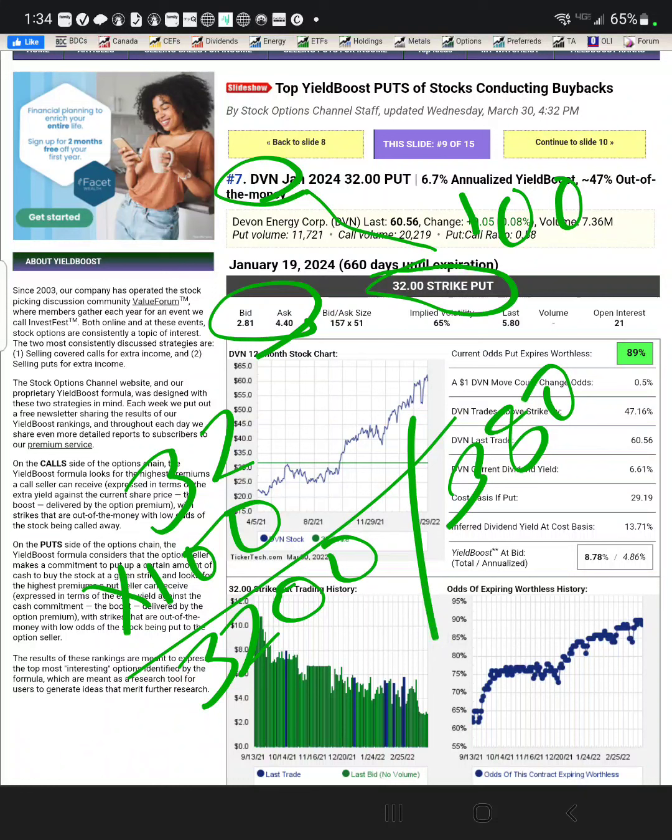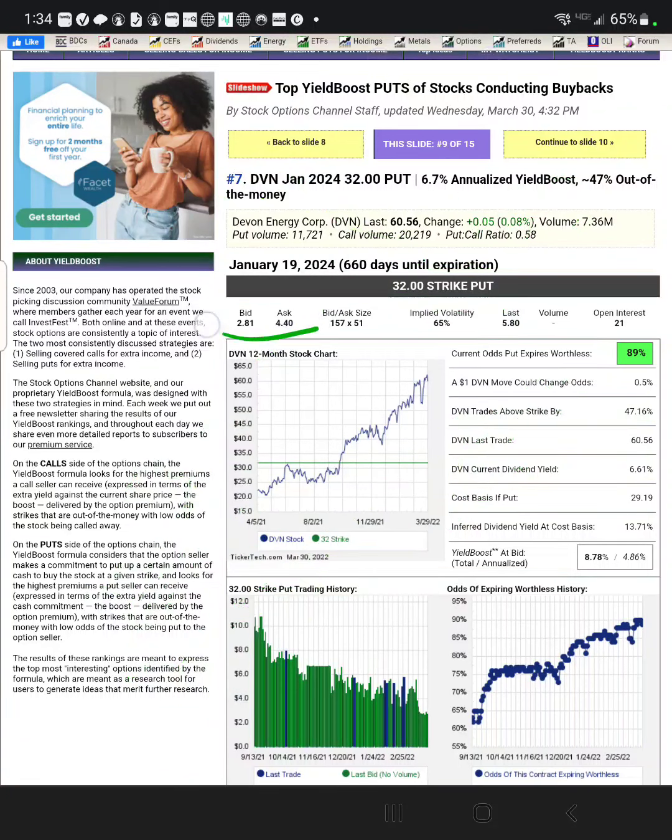This contract doesn't execute or expire until 660 days from now. So that's a pretty long ways away. By the time it starts getting closer, you're going to see the value of this contract substantially go down as it gets closer to expiration.